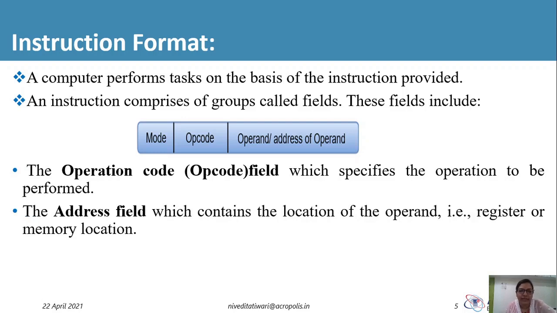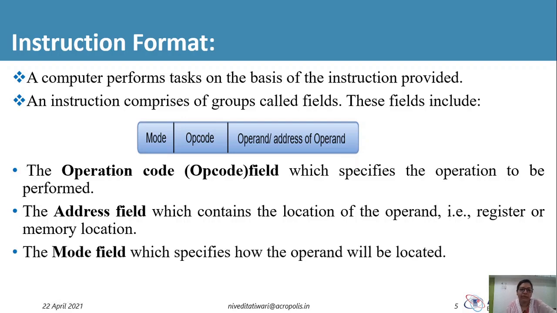The second field is the address field, or we can say that the operand itself is available at this address field. So the address field contains the location of the operand, that is, the register address or any memory location. The third and most important field of the instruction format is the mode field.